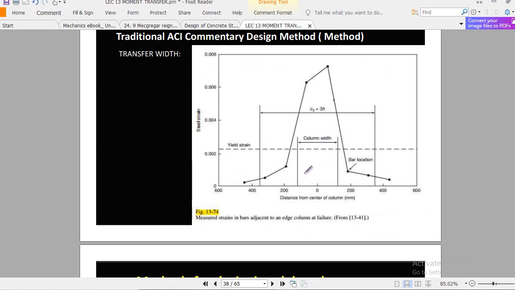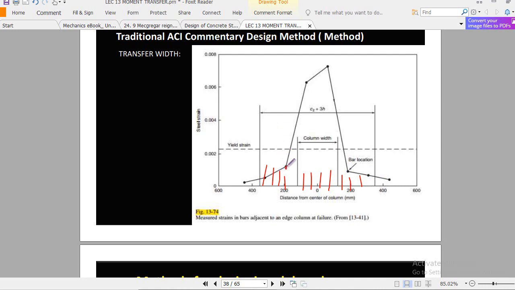If you provide the bars in the column width, they must yield, and you can see epsilon t value is more than 0.005 or 0.004. But if you provide bars in this place, which is 1.5 times h from the outside of the column, those bars are not reaching yielding.